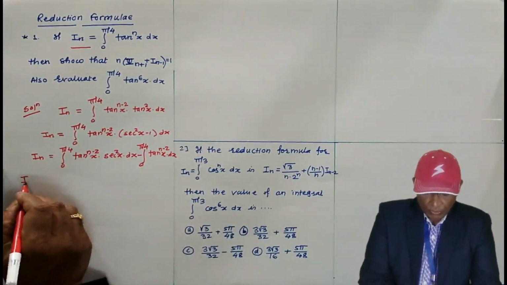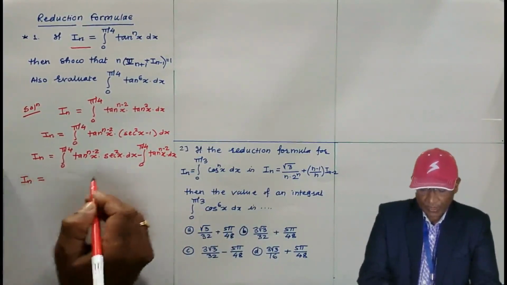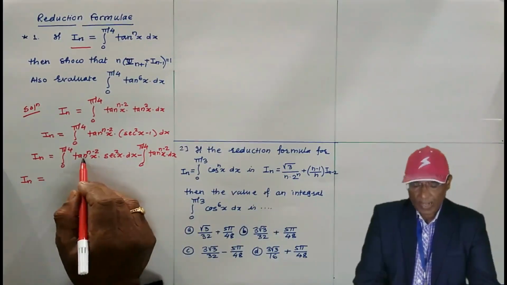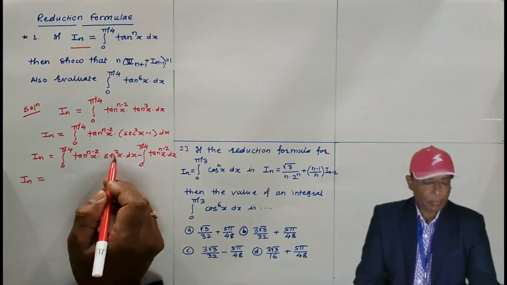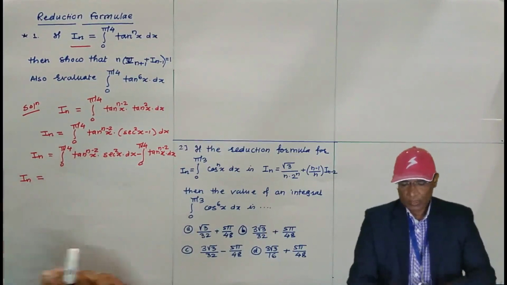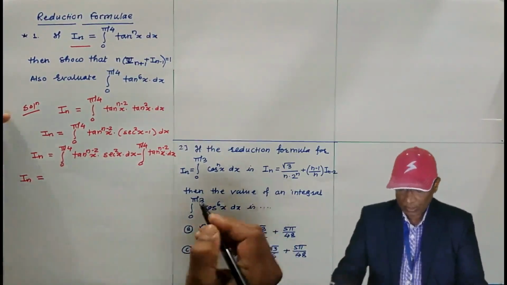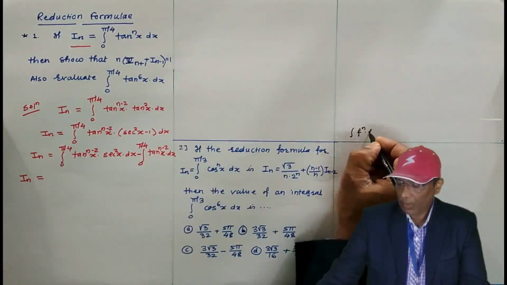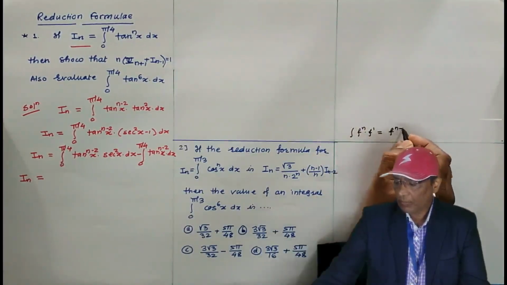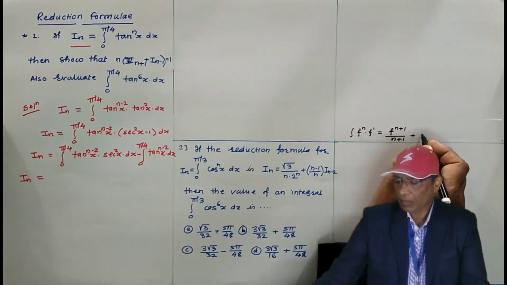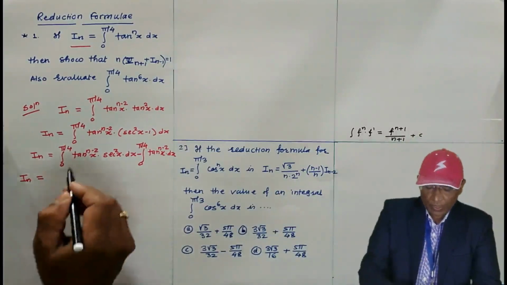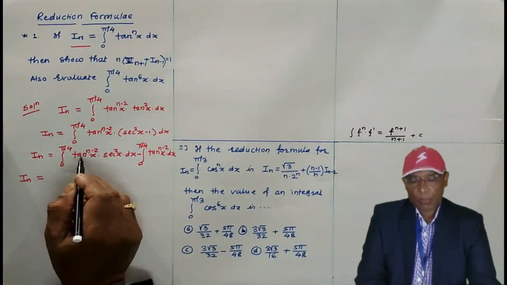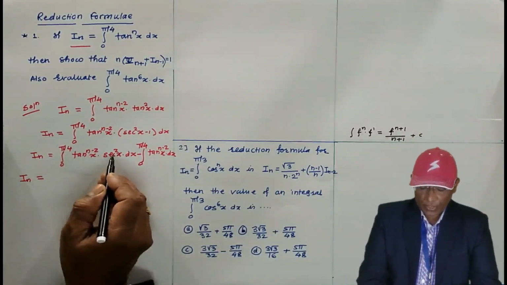Now if you look at the first term, then the derivative of tan is present in the multiplication, and using this formula, integral of f to the power n into f dash, the integral of the total function is f to the power n plus 1 by n plus 1. Here the derivative of tan is present in the multiplication.